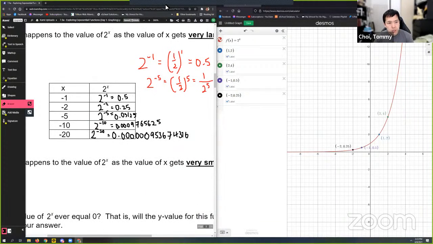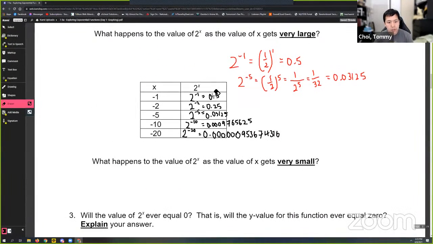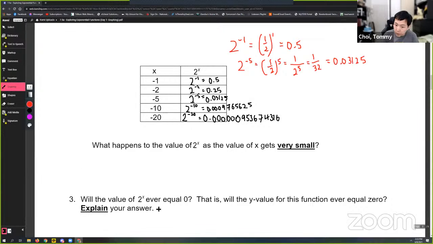So to answer this next question here, which is what happens to the value of 2 to the x, we went over these questions, so we're going to go over it now. What happens to the value of 2 to the x as the value of x gets very small?